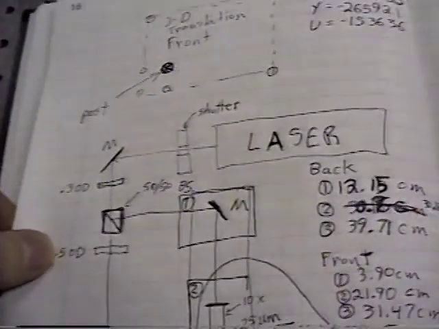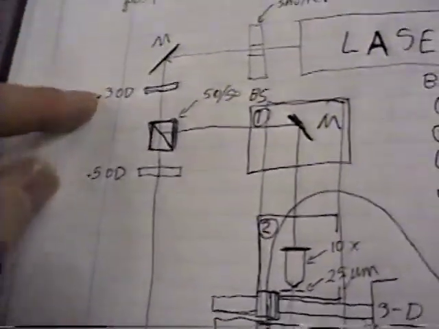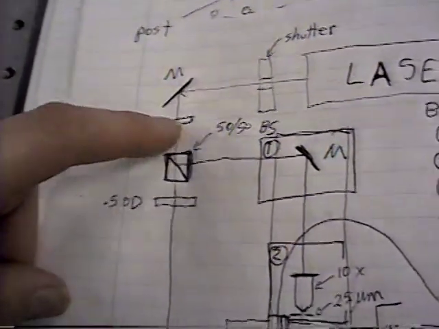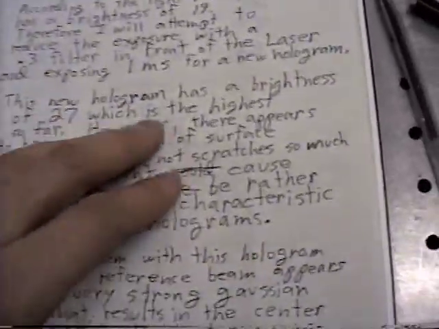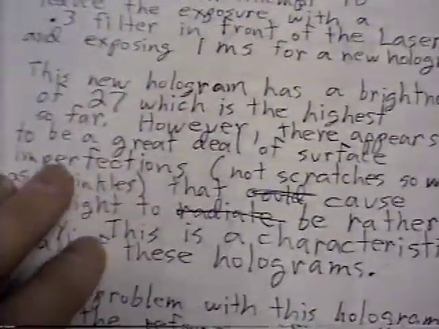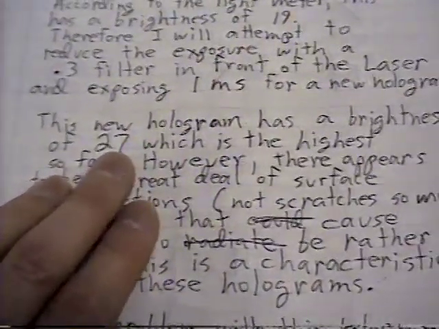This shows the final setup including the optical density filters 0.3 and 0.5 in front and behind the beam splitter that I used to make the very last hologram. I used a 1 millisecond exposure, and I got a brightness value of 27, which was the highest that I've obtained so far.